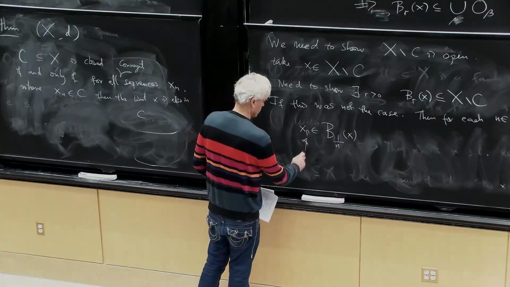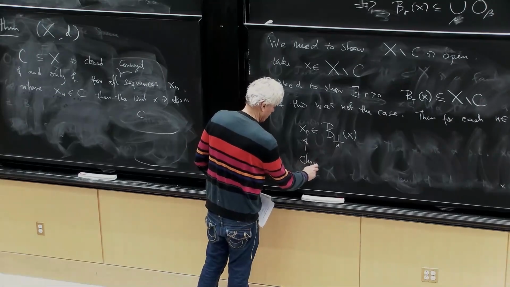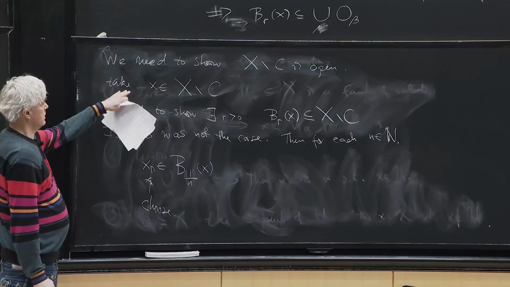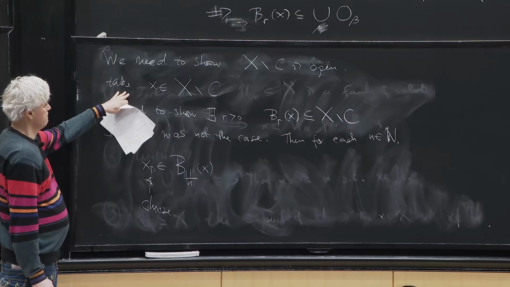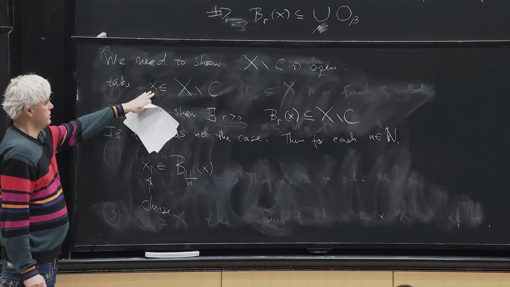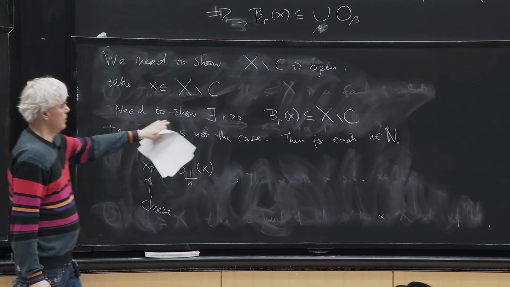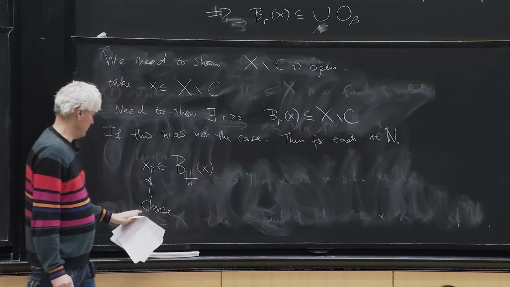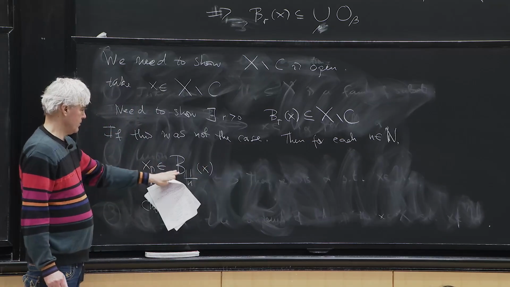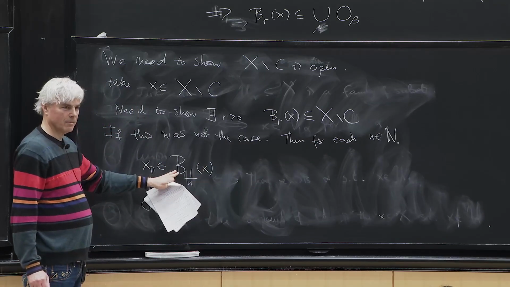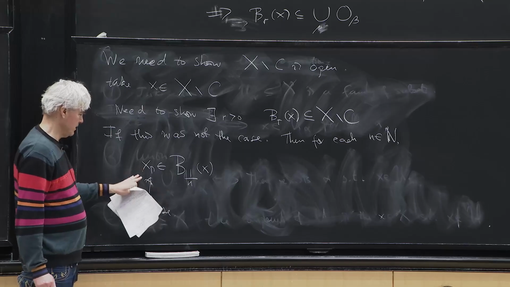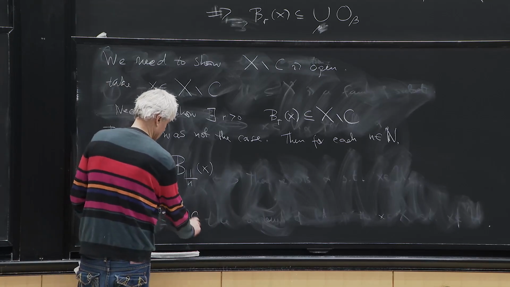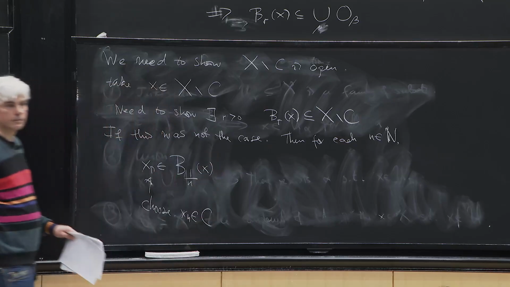So you just choose. Right? Because we are assuming that the complement is not open. So it means that there would exist an x so that no ball here would be entirely in the complement. So this one here would not be entirely contained in the complement, so there would be some xn, and this xn would actually be in the set C.